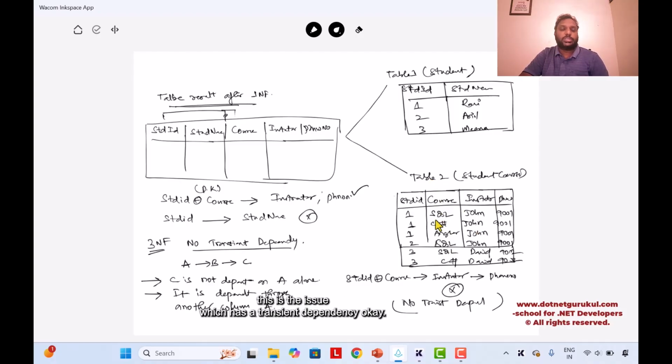Again, the issue now is a transitive dependency. Transitive dependency says that if A determines B and B determines C, C is not dependent on A alone, it is dependent through A. Here, student ID and the course find the instructor, and based on the instructor, it finds the phone number, which is a transitive dependency, and it is not allowed in your third normalization form.